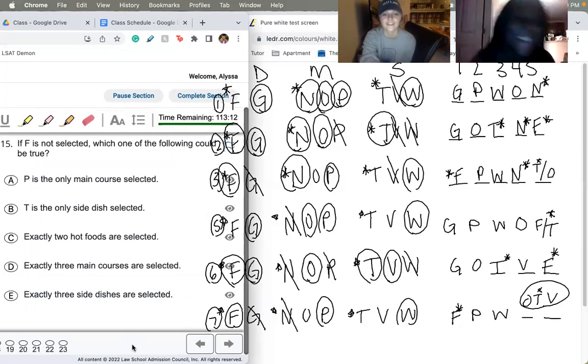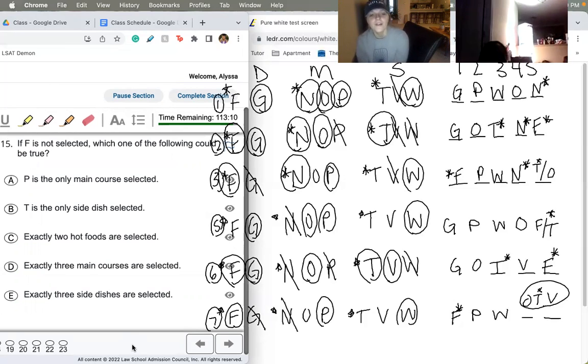Over 15 then. Okay, if F is not selected, then which of the following could be true? All right, so then we look at all the times when G is selected without F, because we could have a world where G and F are selected. Oh yeah. So in world order two, basically, we're looking for worlds where we just don't have F. Where can that happen?